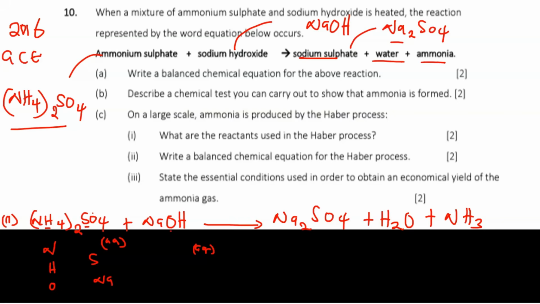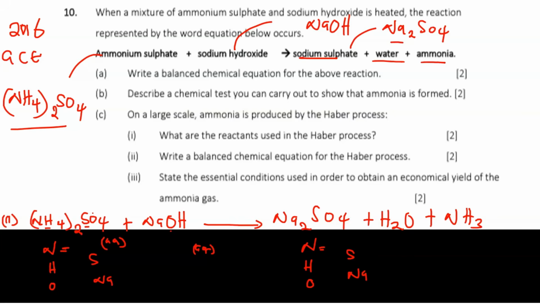What you have on the reactant side should be what you have on the product side: nitrogen, hydrogen, oxygen, sulfur, sodium. The number of nitrogen atoms on this side should balance with the number of nitrogen atoms on the other side. That is the basics about balancing the equation. So I'm just going to go through and put numbers that balance the equation.